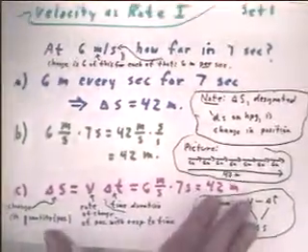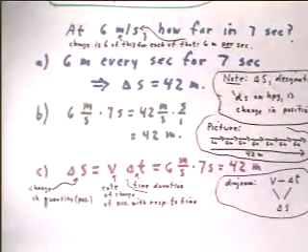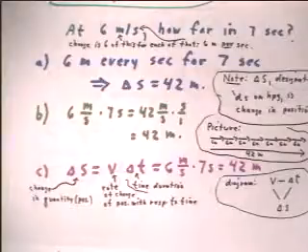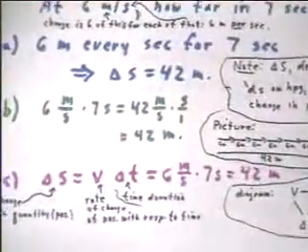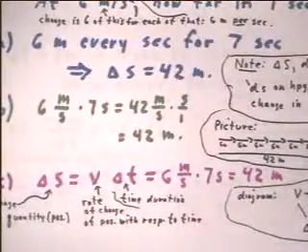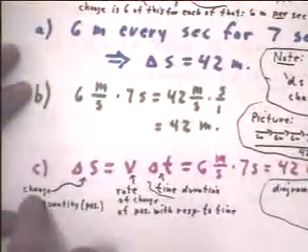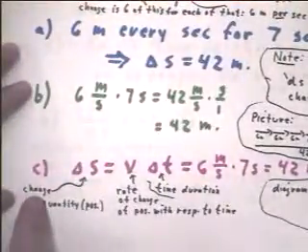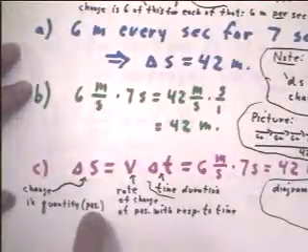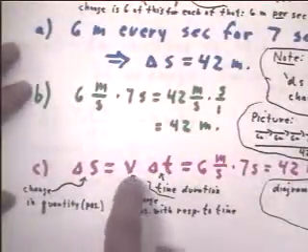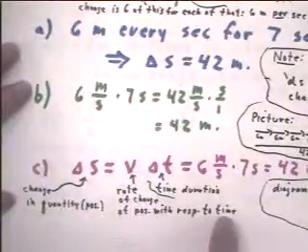Another way of looking at the situation is shown here at the bottom. Let's zoom in just a little bit so we can read a little better. Now delta S, in terms of rates, is the change in our quantity, the quantity being position. V, the velocity, is the rate of change of position with respect to time.